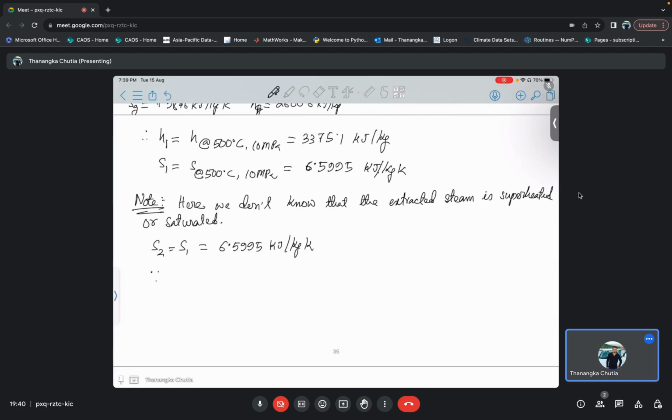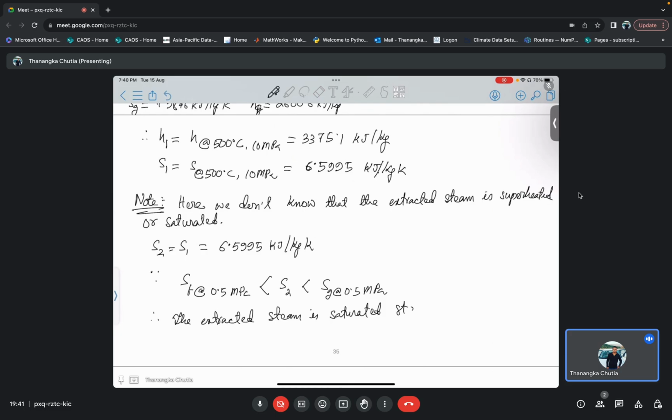Since Sf at 0.5 megapascal is less than S2, and this is also less than Sg at 0.5 megapascal, therefore the extracted steam is saturated steam.